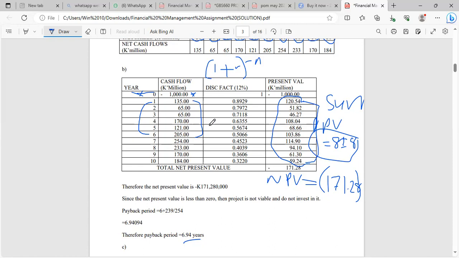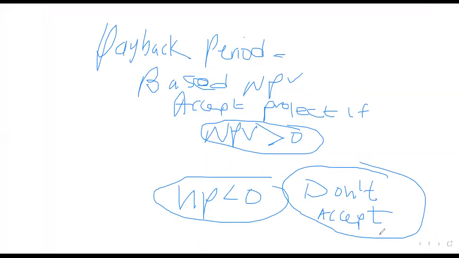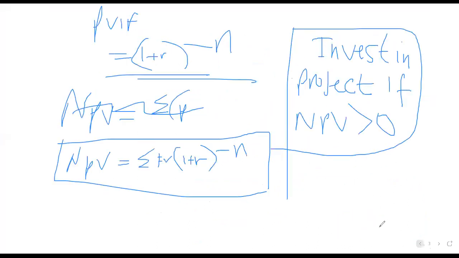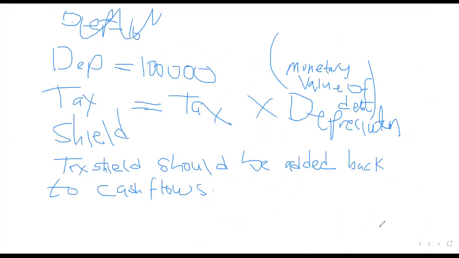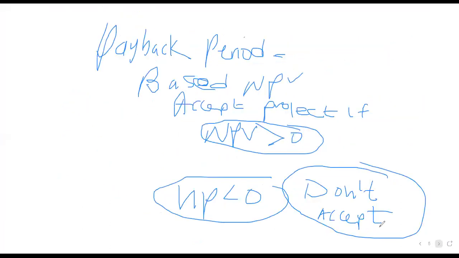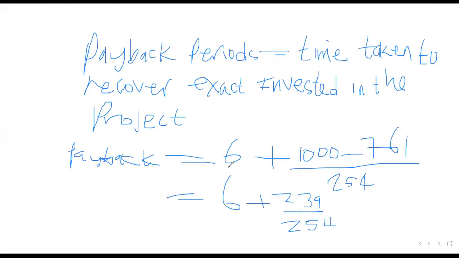Because when I calculate, it's giving me 0.9 something. I don't know how you punched it in the calculator for it to give you 6.94. The 6 is innocent. Why do I say 6 is innocent? The 6 is according to the 761 recovery. For the 6 years, we recovered how much? 761.